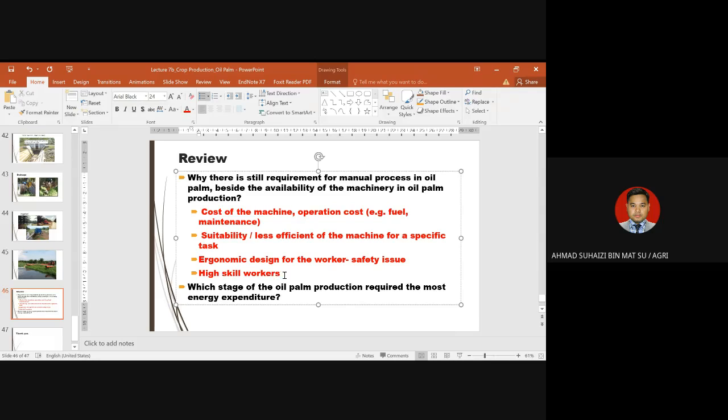So you can say I think it falls under this category, suitability of the machine for a specific task. For example, a manual approach will be much simpler to operate than using machinery, using high skill workers. I think this is under this one.